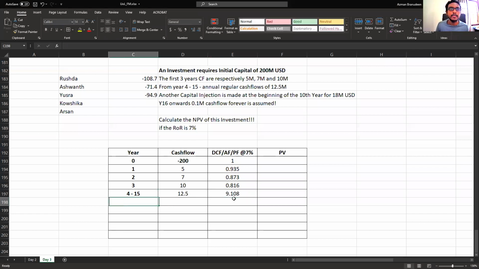Then another capital injection is made at the beginning of the 10th year. Beginning of the 10th year is which year? You have to write the N figure. 9.